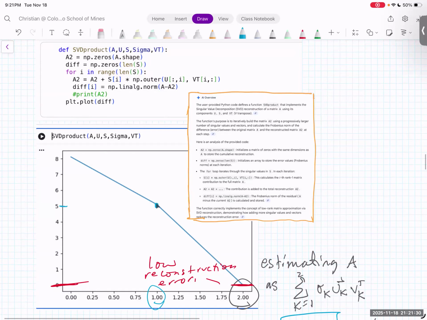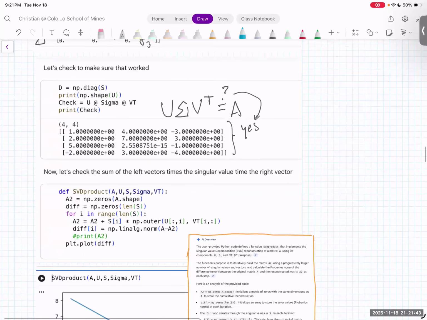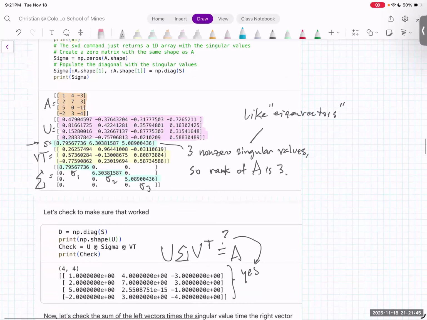As we increase our number of singular values to 2, and we had 3 to begin with, right? Because we had these 3 teal ones.